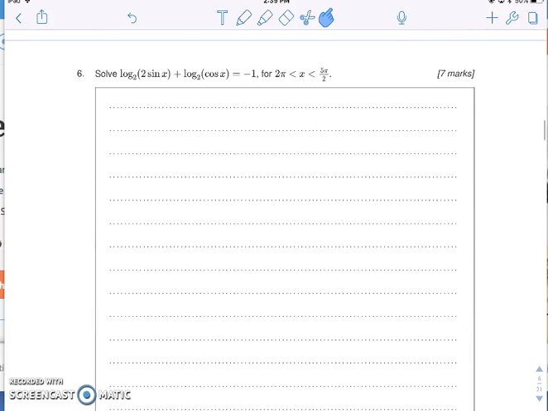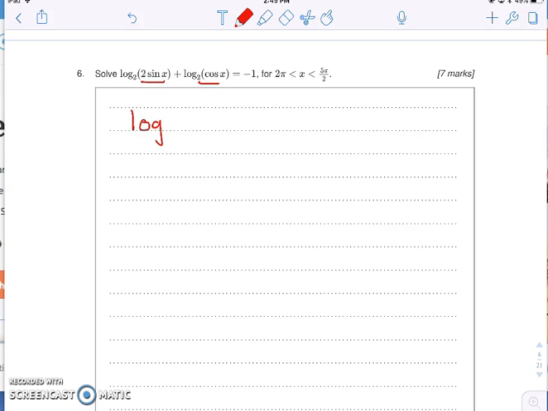All right. The next one we're going to take a look at, a log question here. This is one of the trickier ones in the packet. So we have to go back to our log rules, where we know adding goes back to multiplying. We have to remember for logs, when you are adding them, it goes back to multiplying.